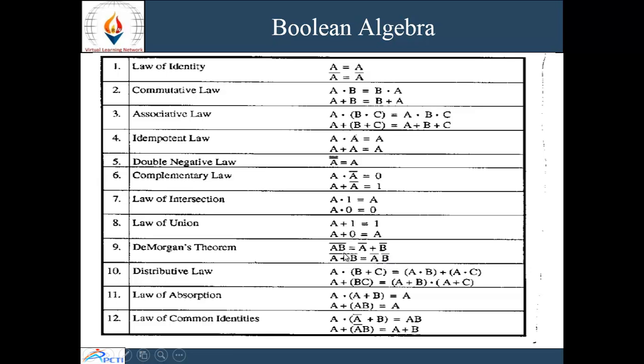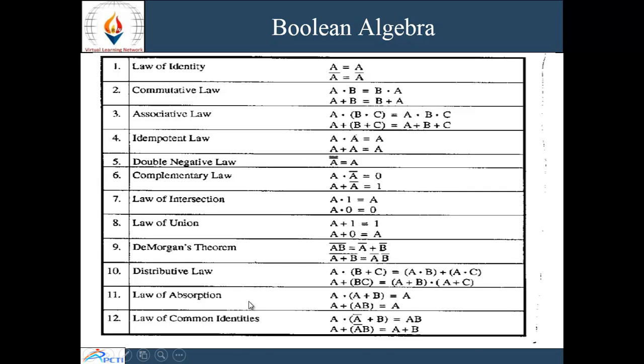Means the AND will be converted into OR, and OR will be converted into AND, by using the De Morgan theorem. Next is distributive law, that is A into (B plus C), means AND over OR, is equal to A into B plus A into C. Similarly, A plus B into C will be equal to (A plus B) into (A plus C).